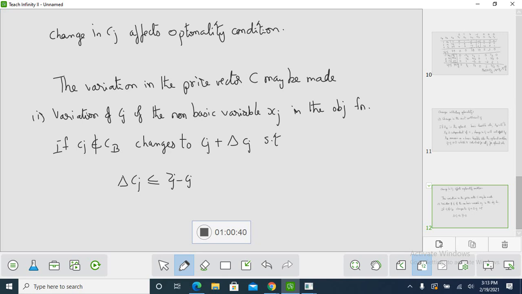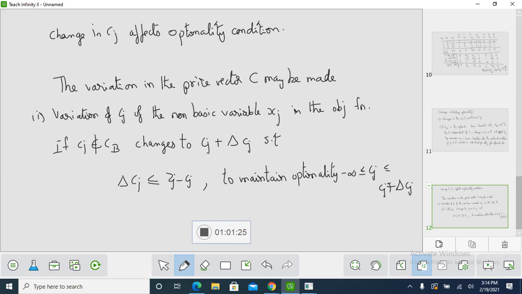The range for Cj to maintain the optimality condition is minus infinity less than or equal to Cj less than or equal to Cj plus delta Cj.